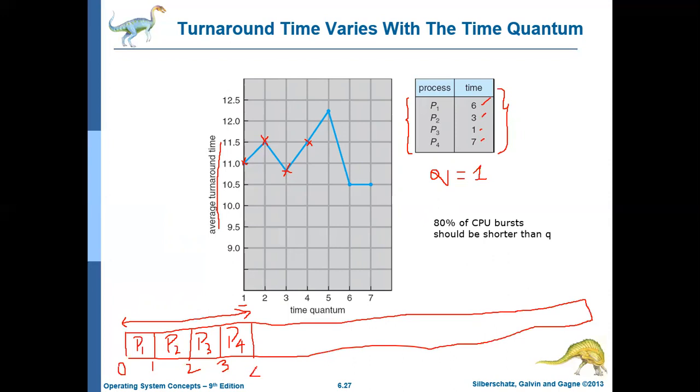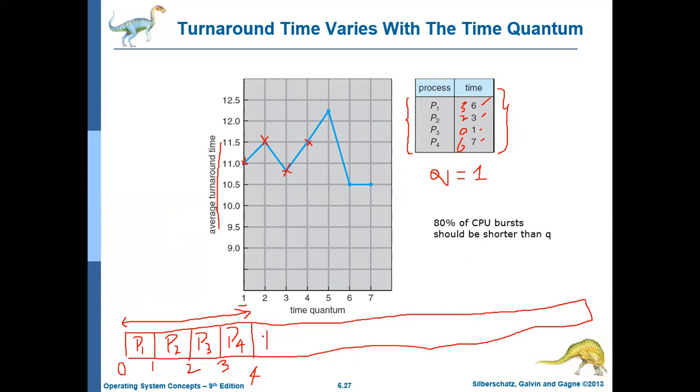Now the remaining time for each of the processes: for process 1 it will be 5, for process 2 it will be 2, process 3 has finished. Process 3 needs only 1 millisecond, so it already completed. Process 4 has 6 milliseconds. So in the second round we have only 3 processes, P1, P2 and P4.